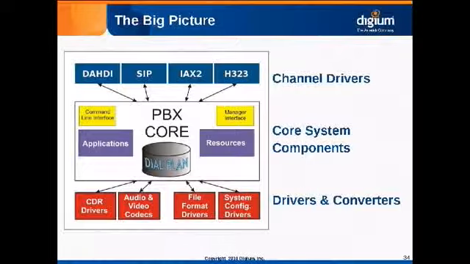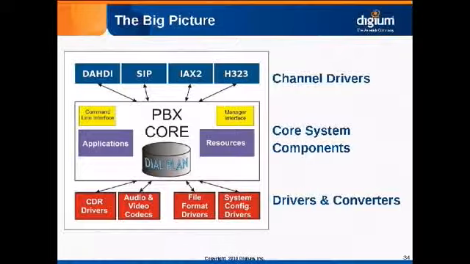Across the bottom of this picture, we have what we call drivers and converters. These are tools that Asterisk uses to either write out some kind of records. Our CDR drivers are call detail records. That's how it writes out a log of what calls have been made on the system, by who, and how long they lasted, those sorts of things. There's drivers for different audio and video codecs.